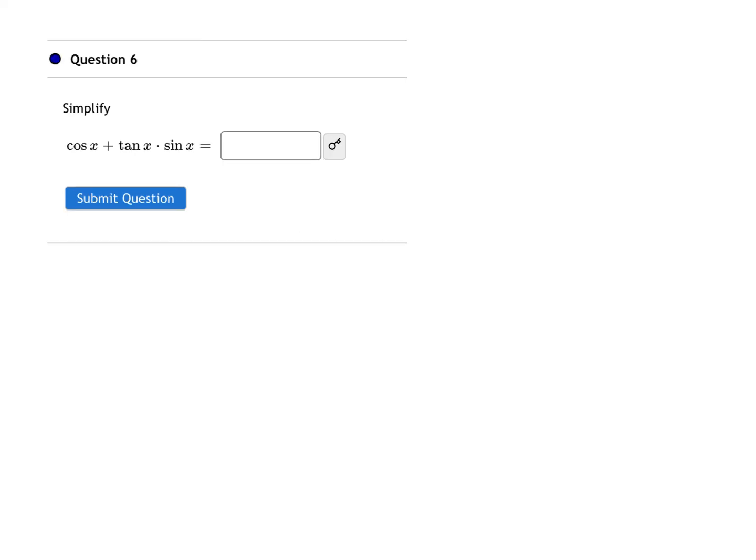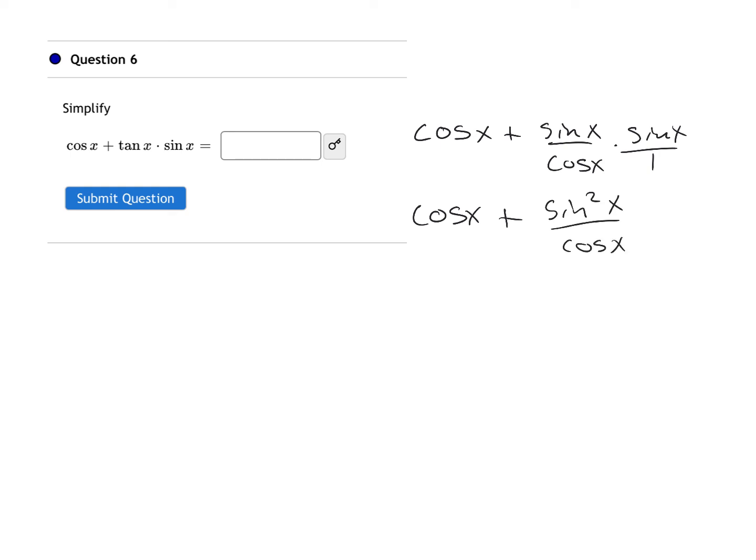Again, in this one, what I want to do is get everything in terms of sine and cosine. So we have the cosine of x plus tangent, which is sine x over cosine x, and then times sine x over 1. So we have cosine x plus sine times sine, which is sine squared x over cosine x. Now, I can't cancel my cosines because they're adding and not multiplying.